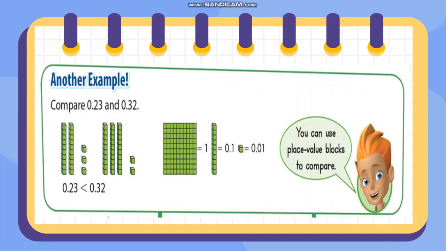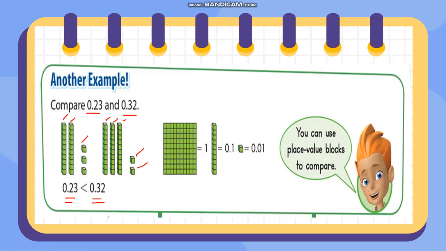Another example. Compare 23 hundredths and 32 hundredths. Using the place value blocks to compare, this is 10, 20, 23 hundredths. This is 10, 20, 30, 31, 32 hundredths.